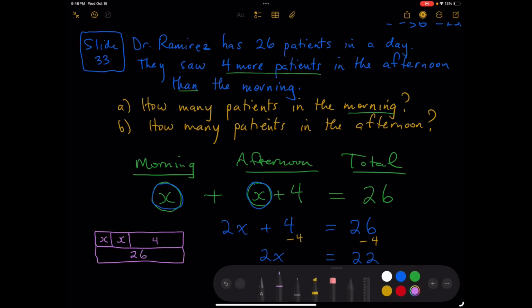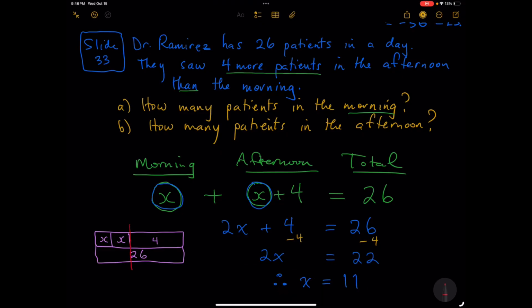So just as we did before, if we just chop the 4 off, this is 4 here, this has to be 22 over here. You see how this works? 2x equals 22. That's what this line here says. And since we're making things balanced and equal, 1x has to be 11.